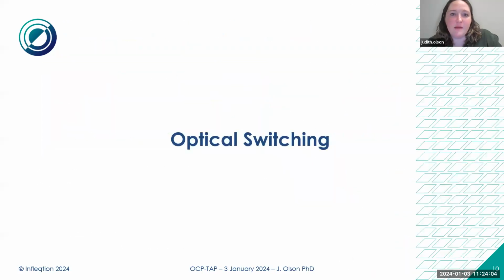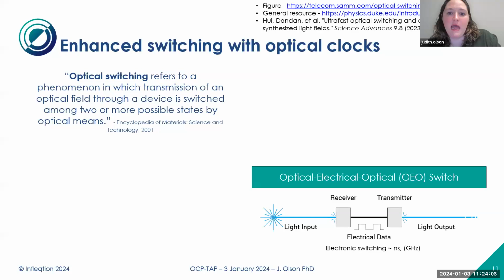Okay, so for some of the optical switching applications we've been looking at, the more conventional switches used in optical networks are where you have a light input, you receive it, you have to convert it back to electronic levels, where switching might occur on the nanosecond or gigahertz level if you're doing it really well. And then you have to reconvert it back into optical and send it out. This is a fairly time-consuming process.